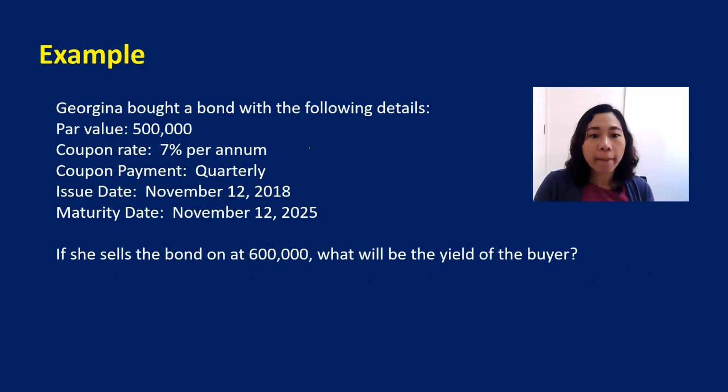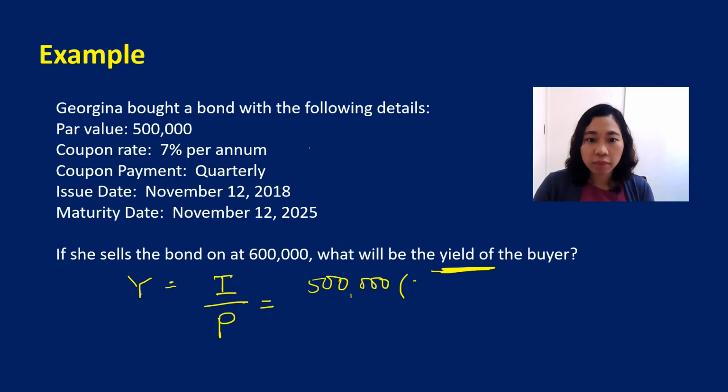Next. Same data, but what we have is we're looking for the yield of the buyer. How do we get the yield of the buyer? Yield of the buyer is I over P, correct? So I is the annual interest, that's 500,000 times 0.07 over, what is your P? P is the purchase price of the buyer.